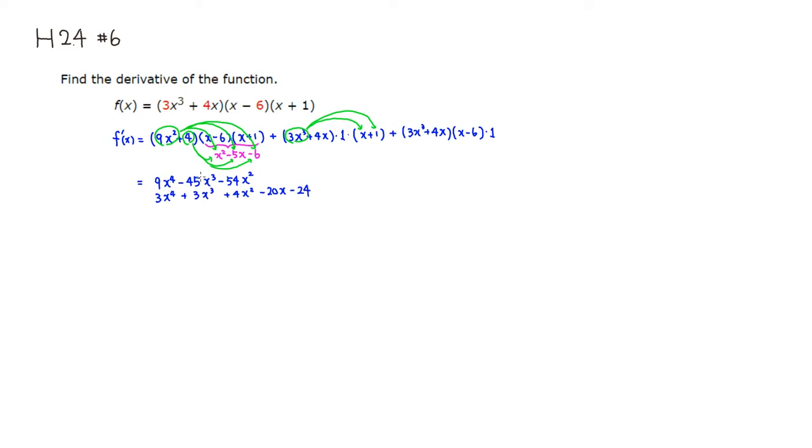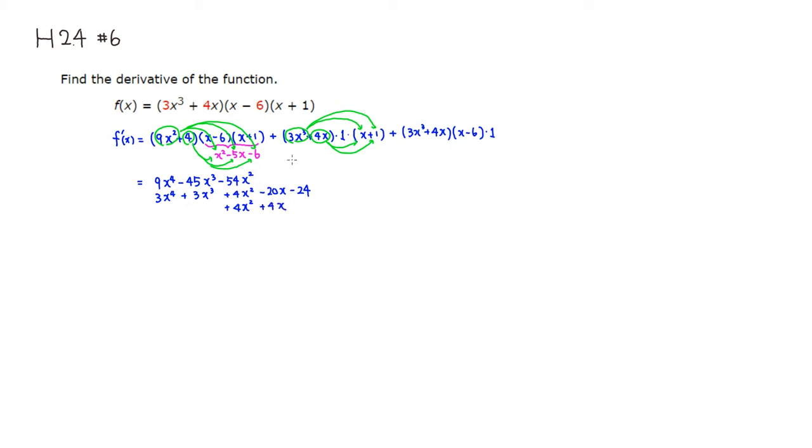Then I'm going to distribute the 4x to x and 1. So you're going to get 4x squared, so you have another plus 4x squared. And then you have plus 4x.